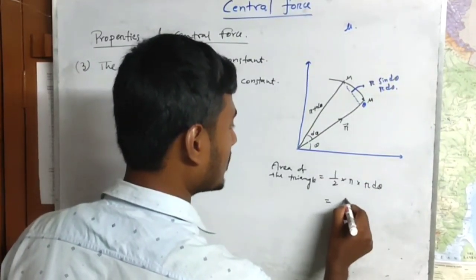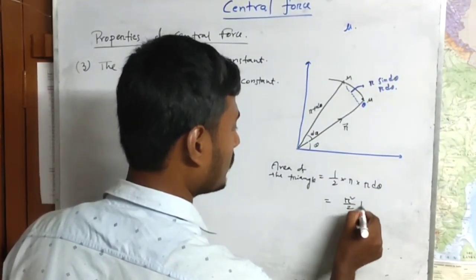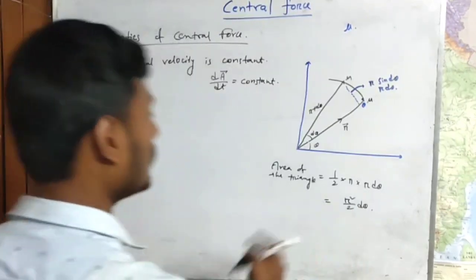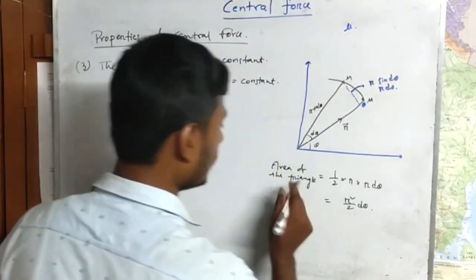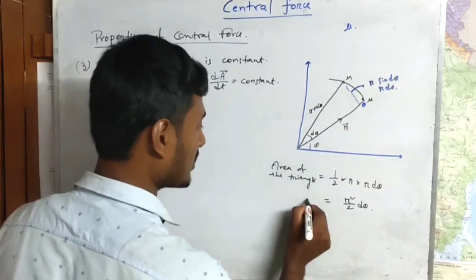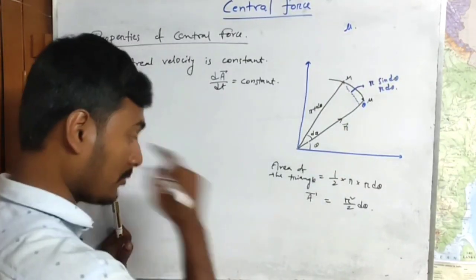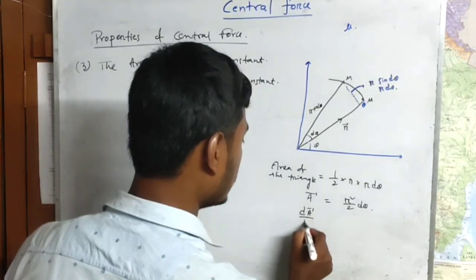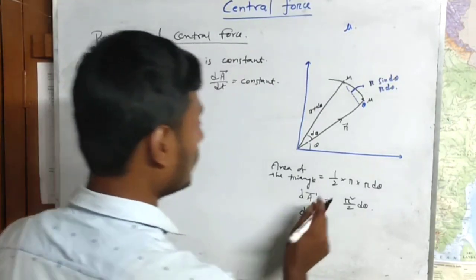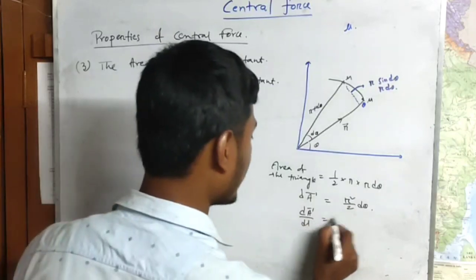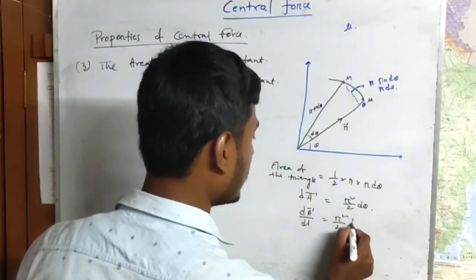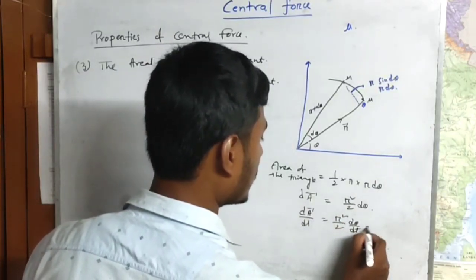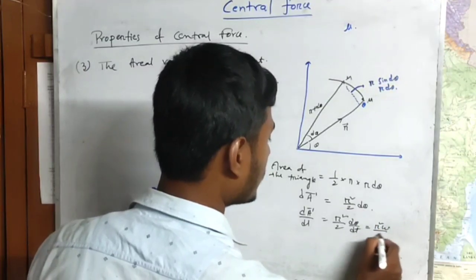So you can write this is r square by 2 into d theta. This is the area of the triangle. Let's say this is dA vector, a very small area. So dA vector by dt will be r square by 2 into d theta by dt. We can write r square omega by 2.